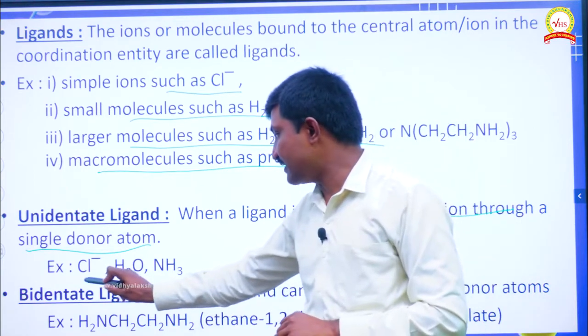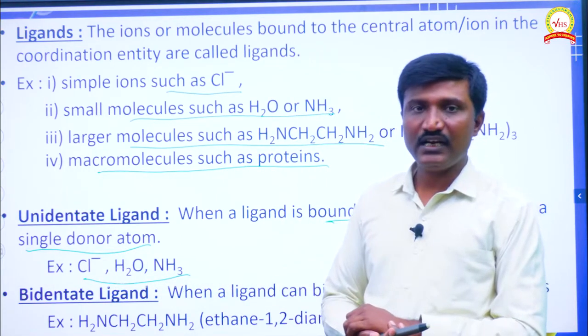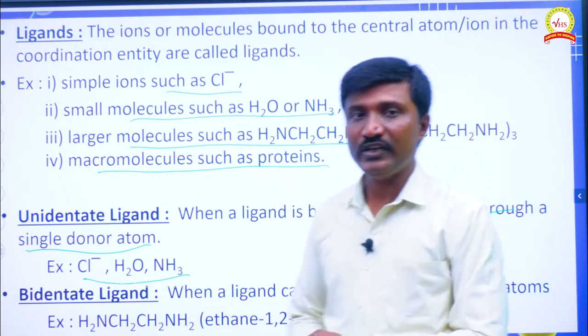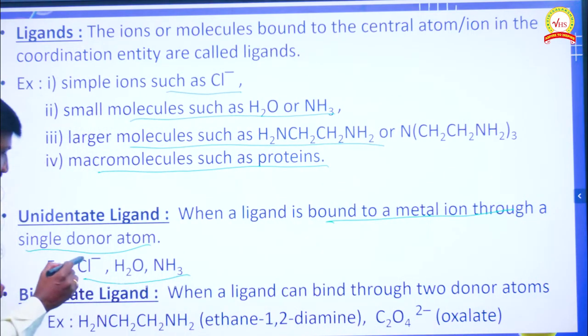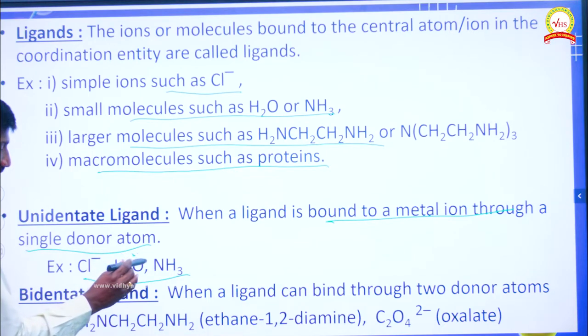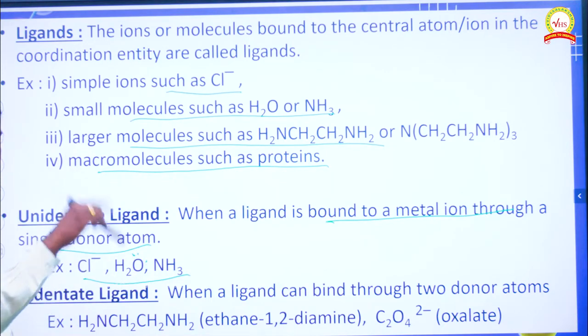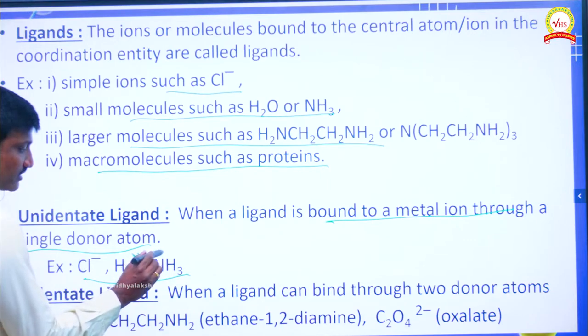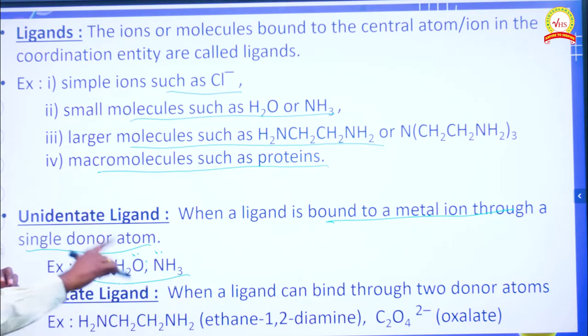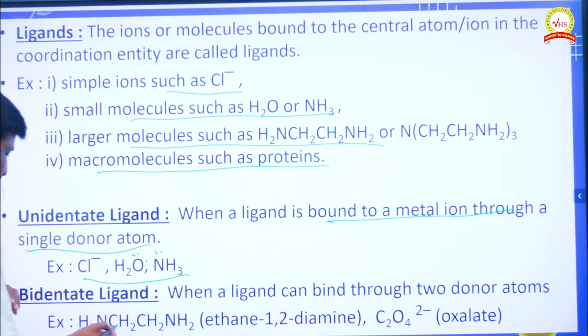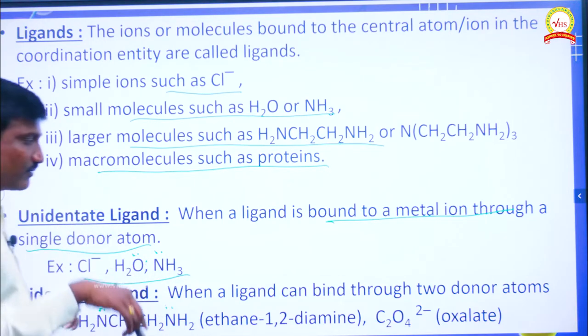Okay, so these are a few examples of single donor atoms, meaning unidentate ligands. In chloride, chlorine is donating; in water, oxygen has 2 lone pairs, but only one lone pair is donating. Ammonia, nitrogen has one lone pair. Since only one lone pair is donating, we call this a unidentate ligand. But in NH2CH2CH2NH2, en, ethylenediamine, which we just discussed, this nitrogen and this nitrogen, two donor atoms are present.